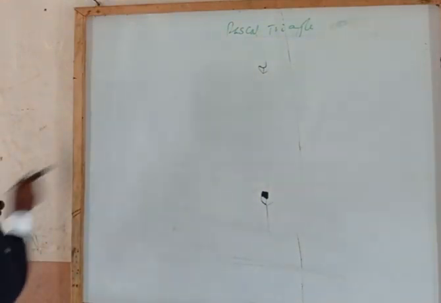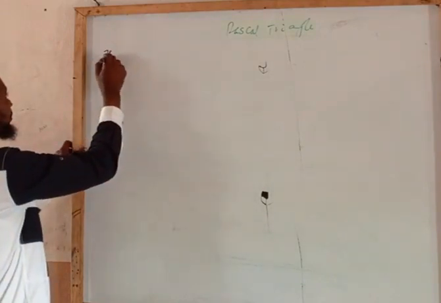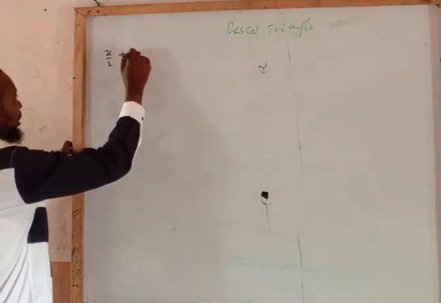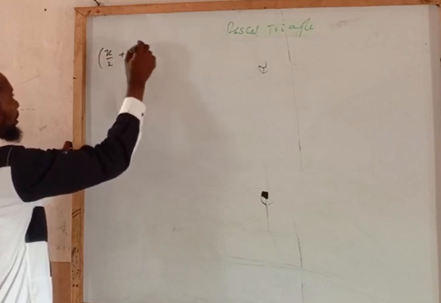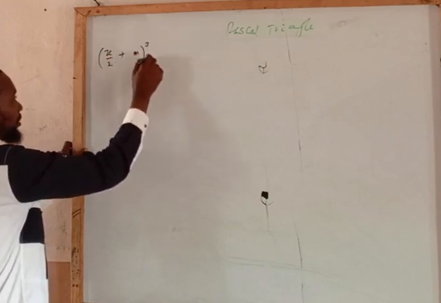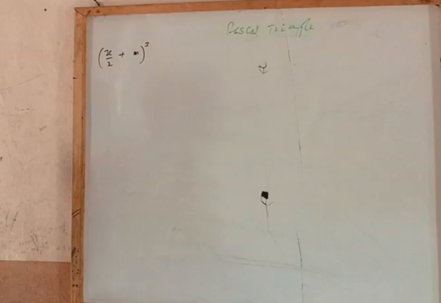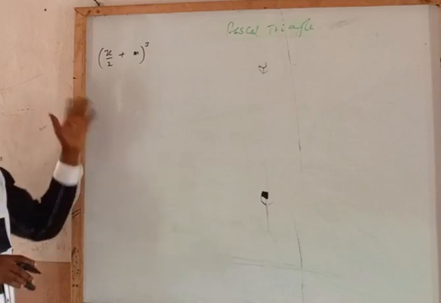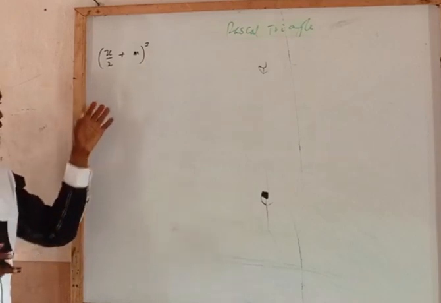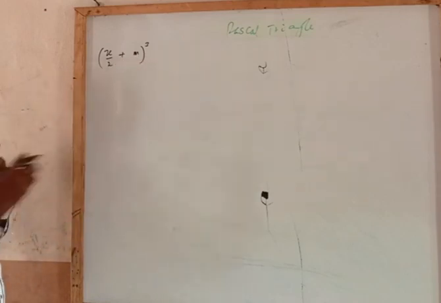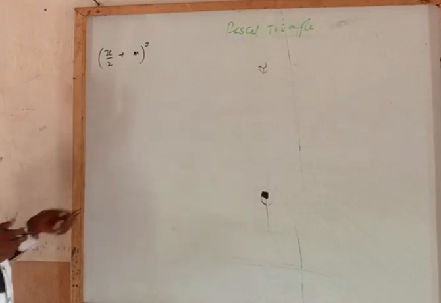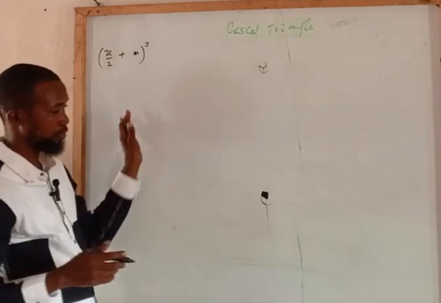All right, let's take another question. x over 2 plus m, let's say it is raised to power 3. I believe by now we should be used to Pascal's triangle involving the power of 3. But if we're still not able to know the pattern of line 4 of our Pascal triangle, it is not a big deal to construct it.